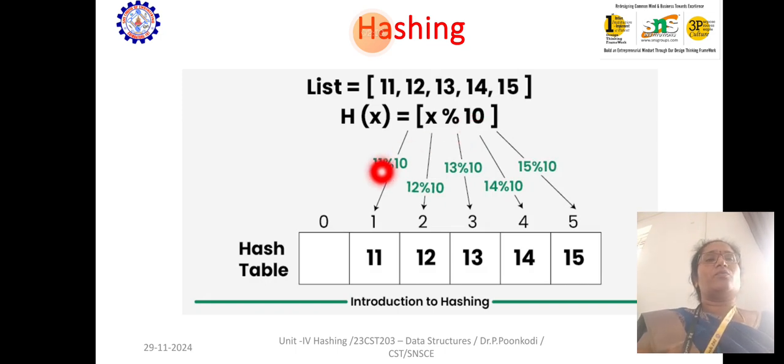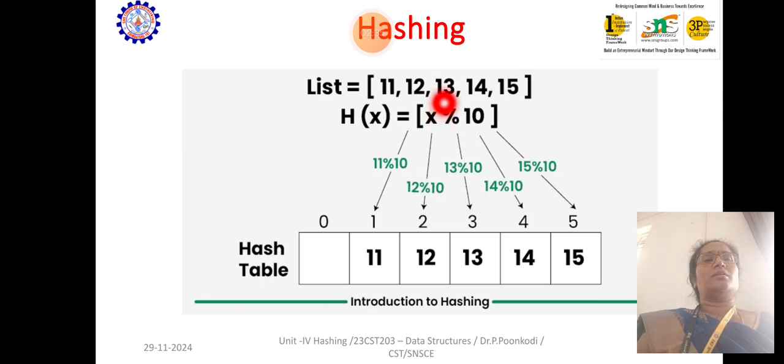First we have to compute 11 modulo 10. What will be the remainder? 1. So at index position 1, the 11 will get stored. The next one is 12. In this case, 12 modulo 10, the remainder will be 2, so that value will get stored at index 2.